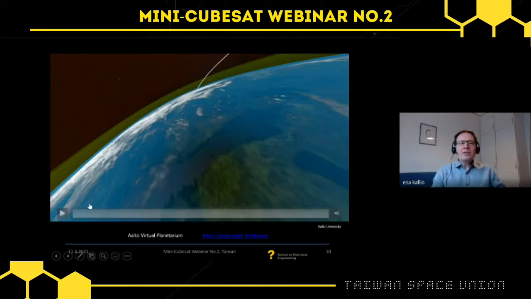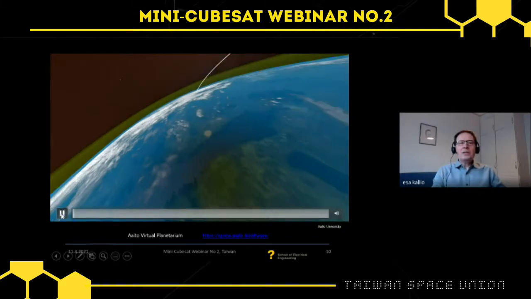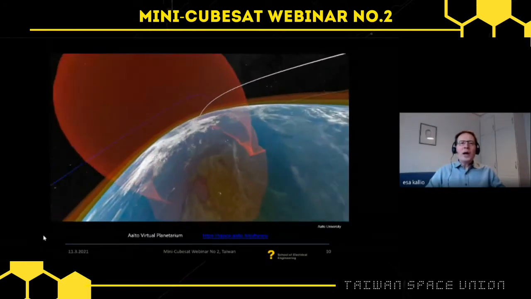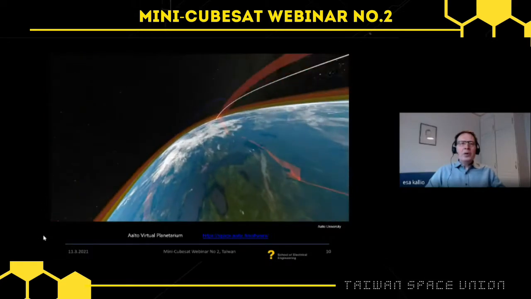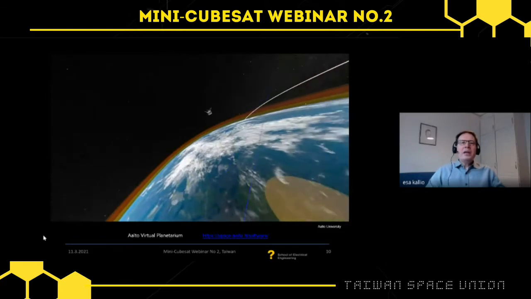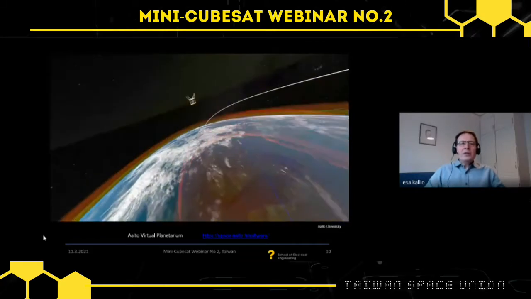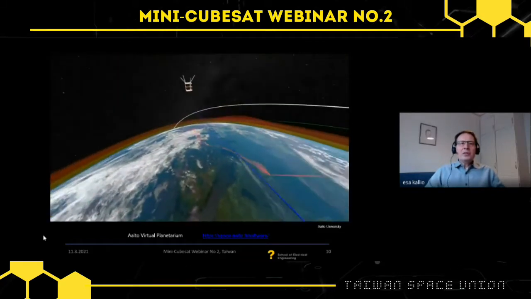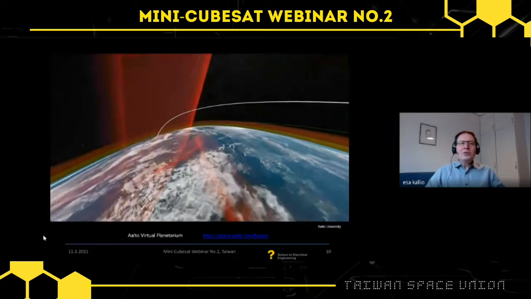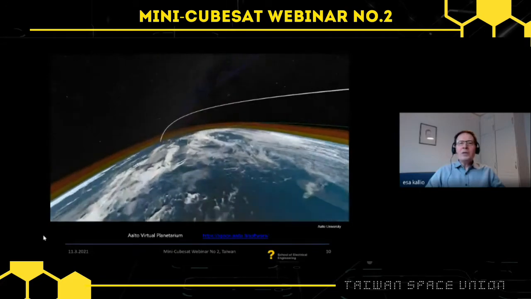Here you can see some radio waves going through the ionosphere. What we want to do with our radio spectrometer is, when we fly over those kinds of radio wave sources, measure those radio waves and in that way get information about the ionosphere.